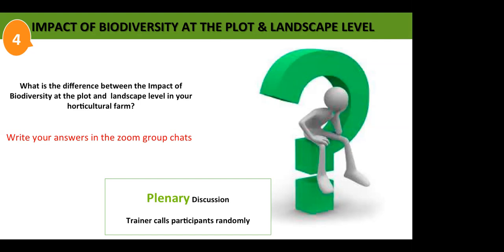And in general terms, on the landscape, I think that should increase the actual cost of production.